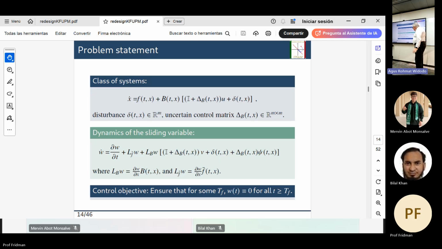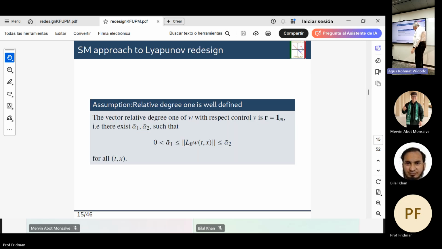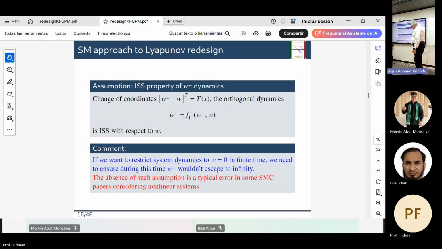Of course, it is a normal supposition about the Lyapunov function derivative that it should be of relative degree one. So what happens here?